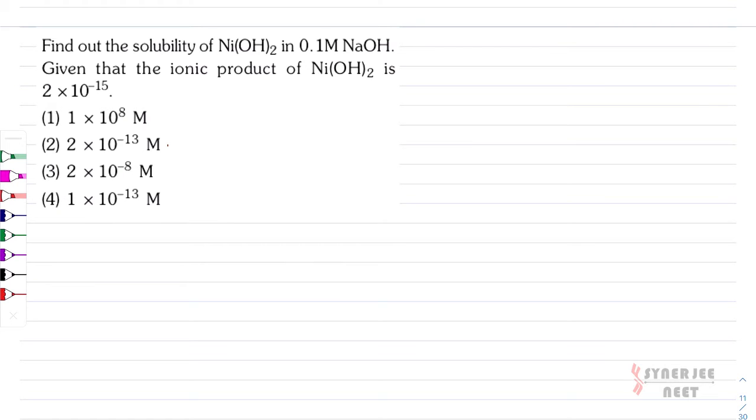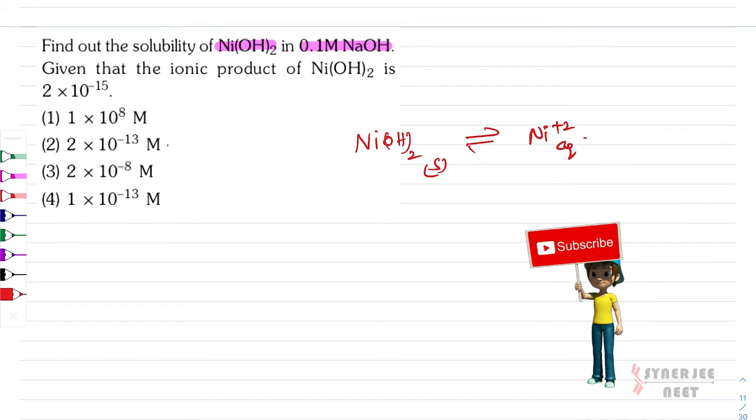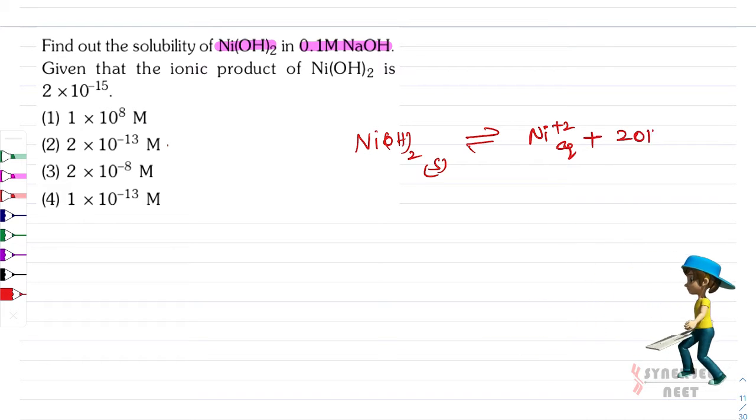Find out the solubility of Ni(OH)2 in 0.1 molarity NaOH. Ni(OH)2, if you write, is solid, and in water it dissociates into Ni2+ aqueous plus 2 OH minus aqueous.